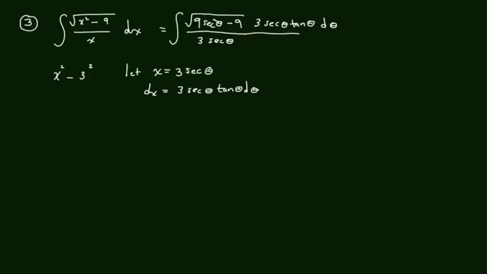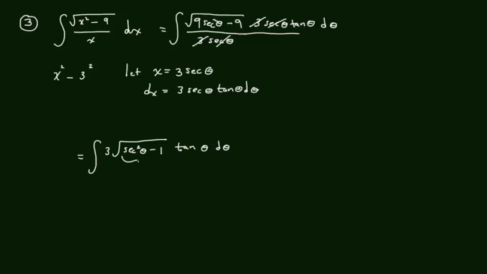Alright, right off the bat, I can cancel this with this and this with this. I'm going to jump down below here. I'm going to factor out a radical 9 to get a 3. Square root of secant squared theta minus 1 and tangent of theta d theta. There we are. That looks like it.